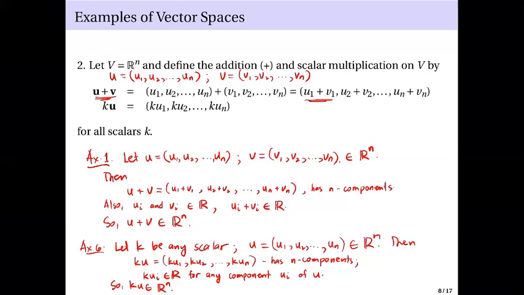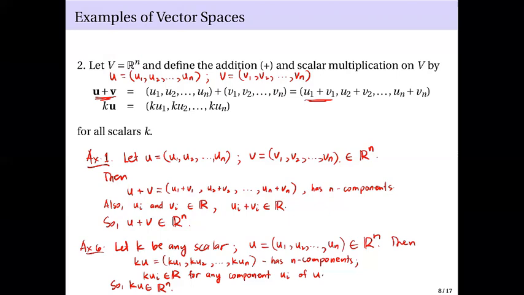Step 4, you verify the other axioms. We use all the properties that we know from chapter 3 to verify the other axioms.